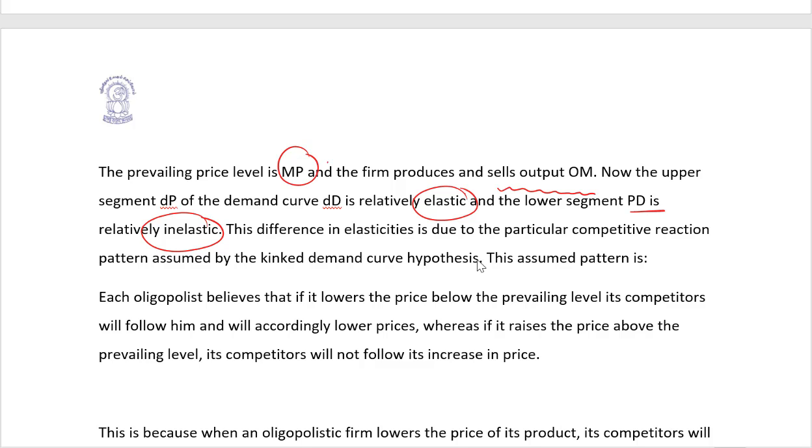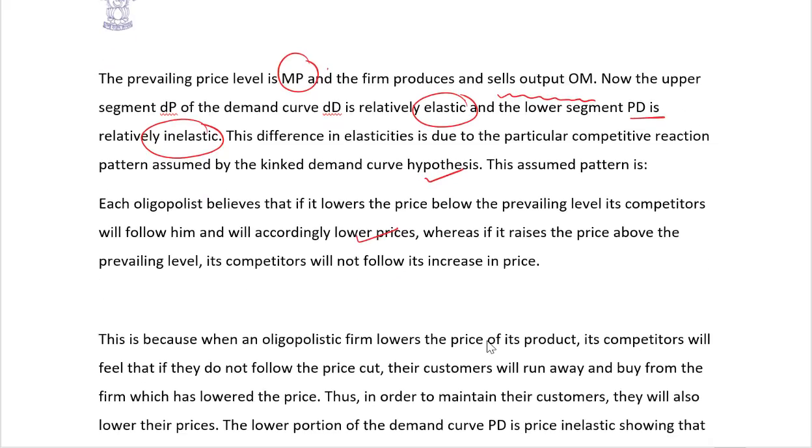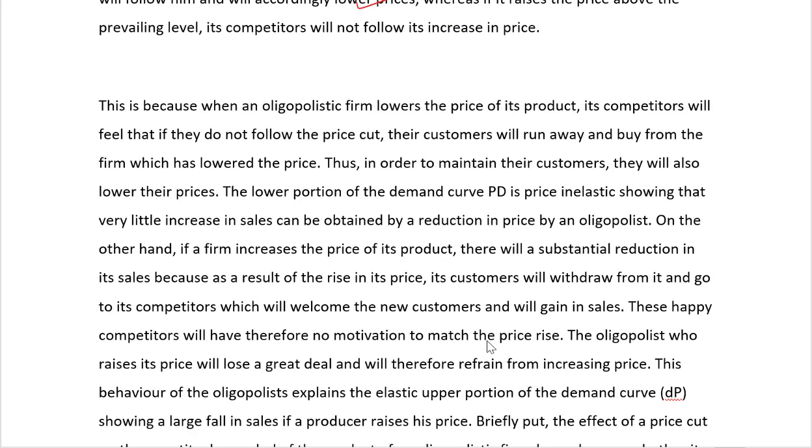The difference in elasticities is due to the particular competitive reaction pattern assumed by the kinked demand curve hypothesis. In this assumed pattern, each oligopolist believes that if it lowers the price below the prevailing level, its competitors will follow and will accordingly lower their prices, whereas if it raises the prices above the prevailing level, its competitors will not follow its increase in prices.